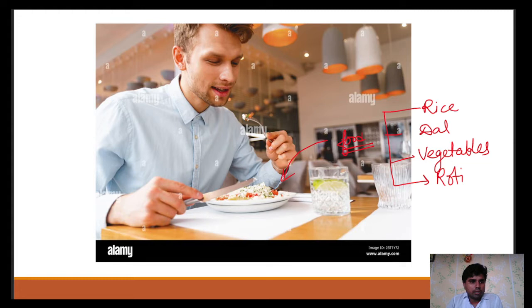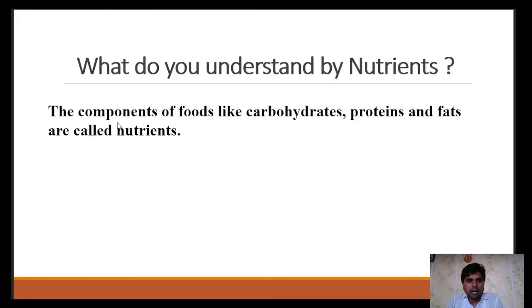So what do you understand by nutrients? Basically, the components of food like carbohydrates, proteins and fats are called nutrients. Whatever things we are eating, like rice, dal, vegetables, all contain carbohydrates, proteins and fats.